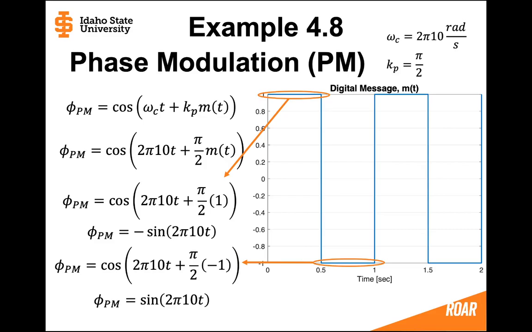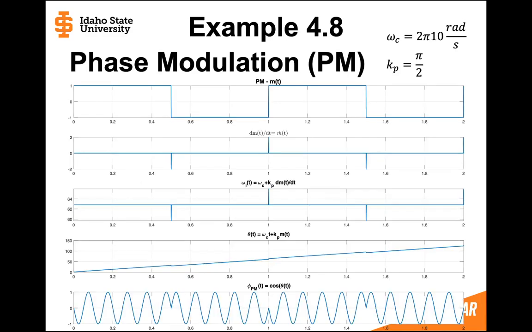Now, the frequency is the same for both of these, 2 pi times 10. The frequency does not change whether the value of the message is positive 1 or negative 1, but the amplitude does change. So if we look at the graph of this, we can see that the phase modulated signal at the very bottom is just changing back and forth.